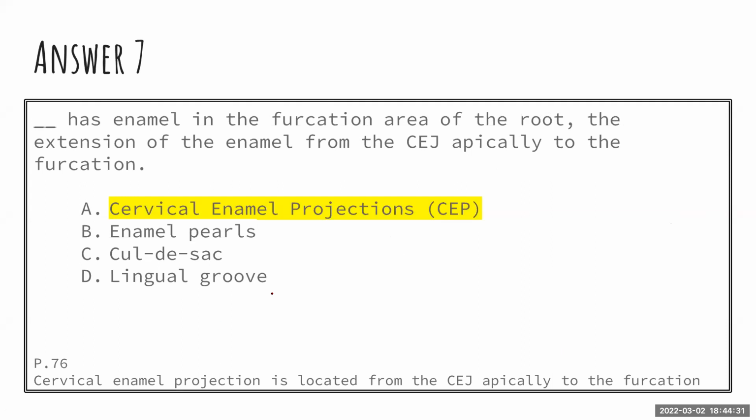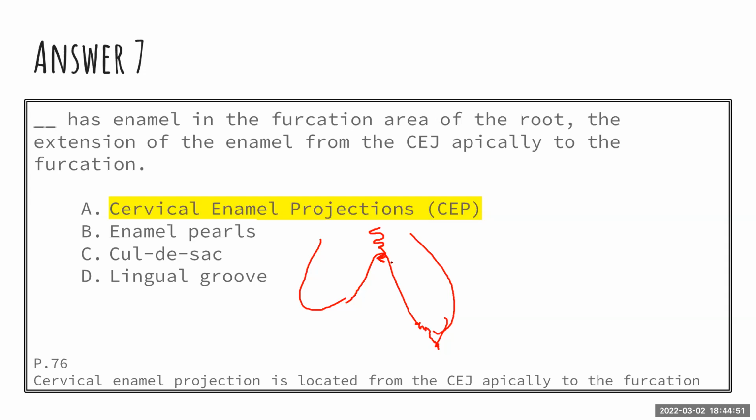The cul-de-sac is what they called going into the furcation. So this is, I'm sorry, my mouse is not wanting to work either. So this is the root surface here. And the cul-de-sac, okay, this is the root trunk. And the cul-de-sac is right here.